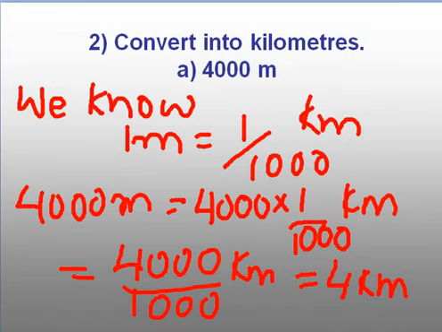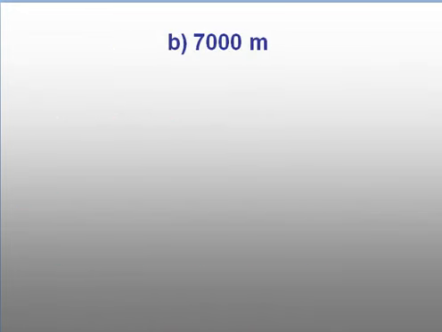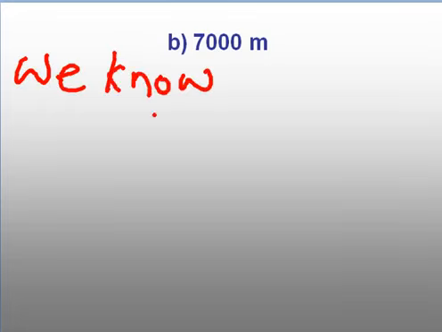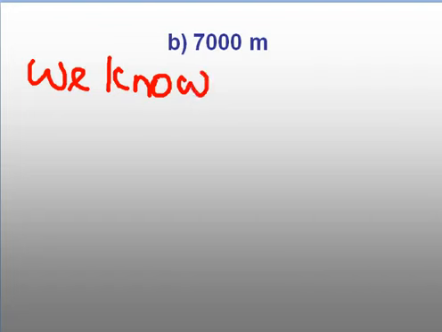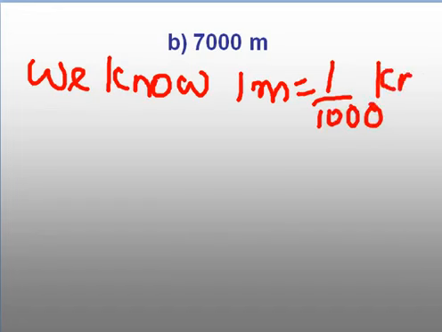Okay, let us see one more question. Now it is 7000 meter and you have to convert it into kilometer. So we can write it as, we know 1 meter is equal to 1 by 1000 kilometer.